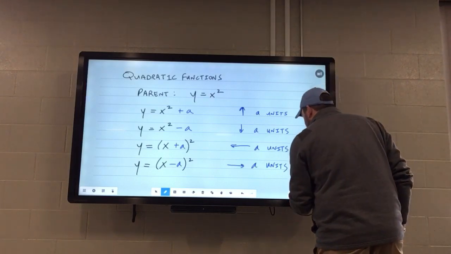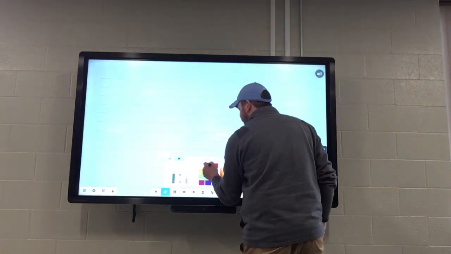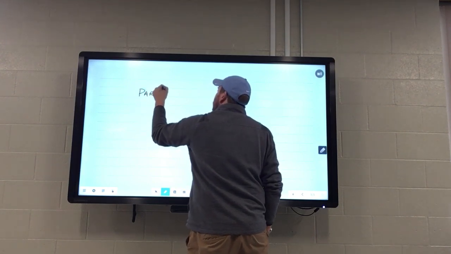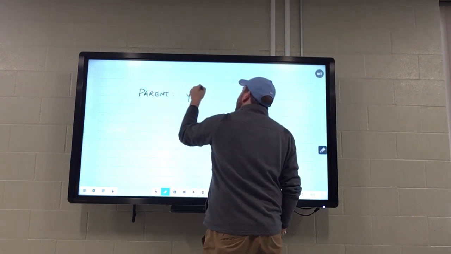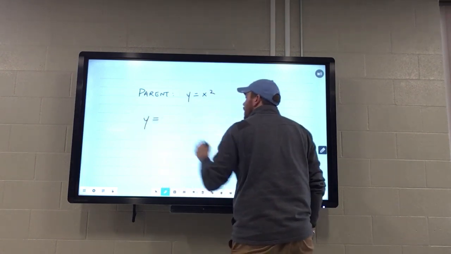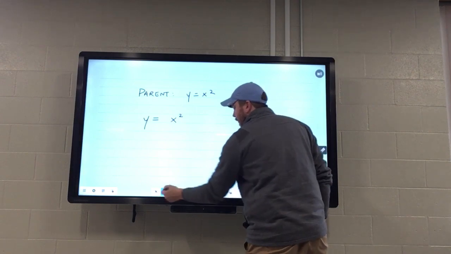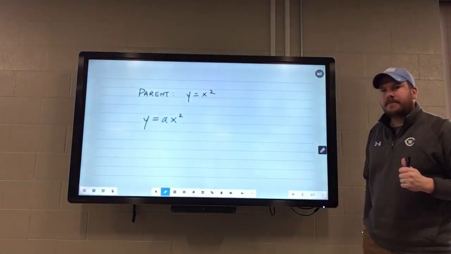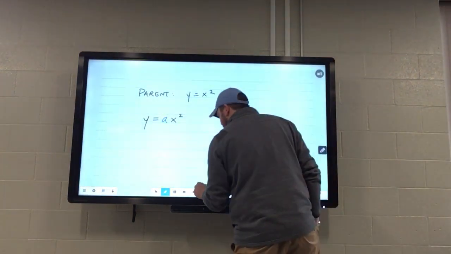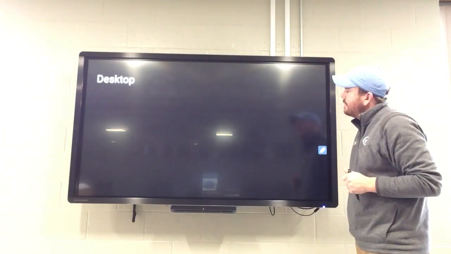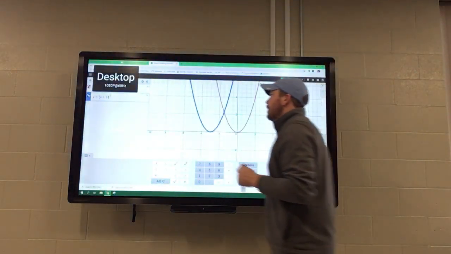So, let's keep going. Again, we're going to say the parent function is y is equal to x squared. What happens if I take that x squared and I multiply it by some number a? Well, let's see. Let's go back to decimals. So we go back to our decimals, right?